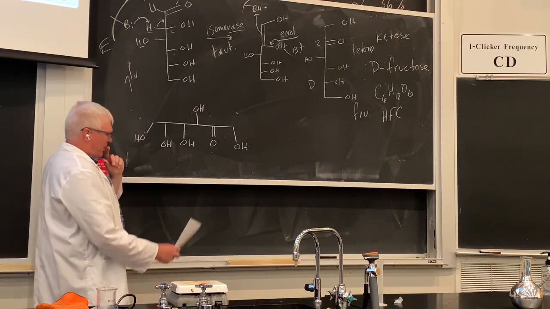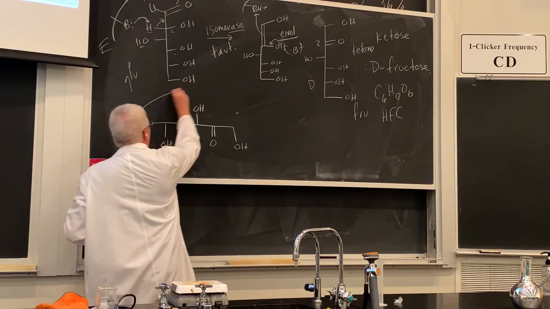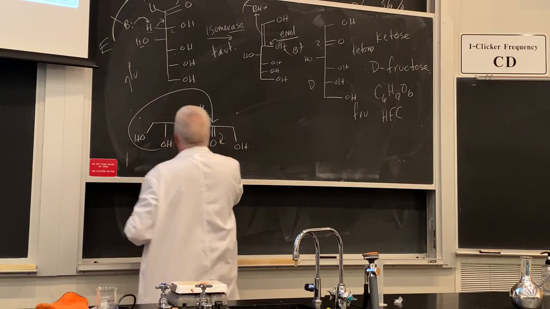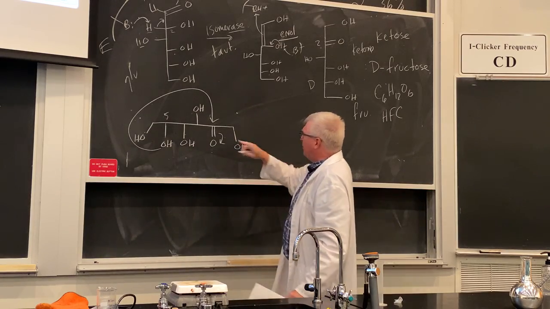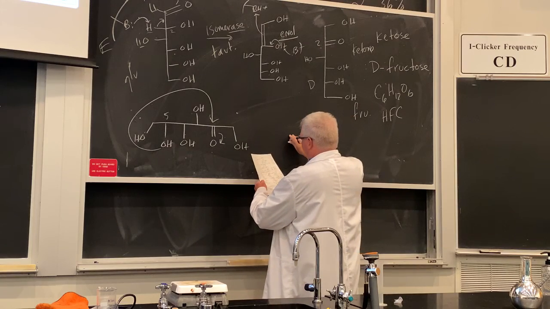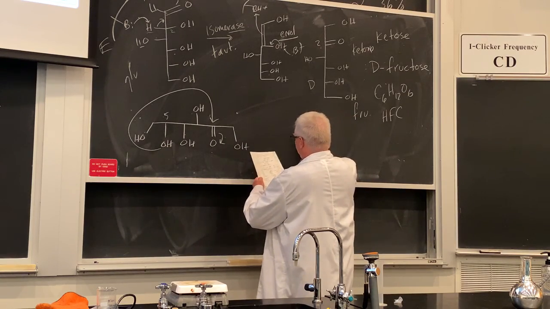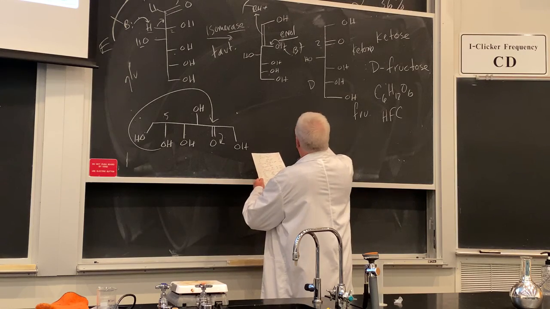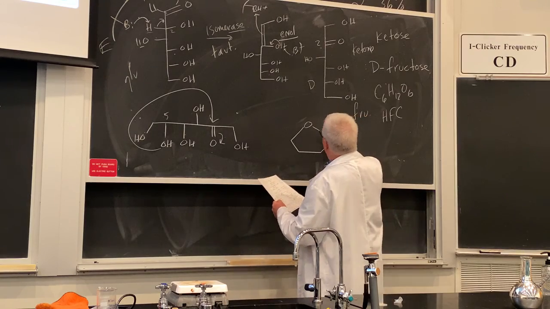So how do we go from this to the cyclic form? Well, this at the 5 position functions as our nucleophile onto the carbonyl. Now, we need to look at a little bit different orientation here. So at that point, we've got this, which is coming around and cyclizing on there.